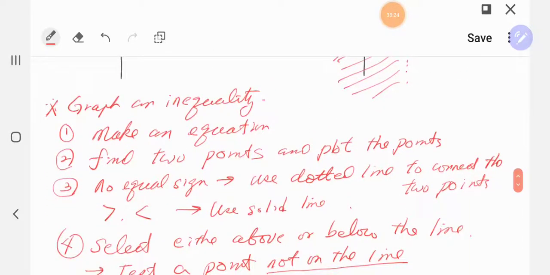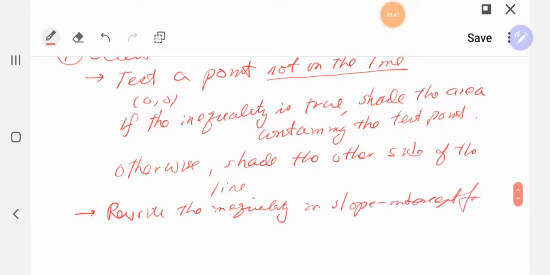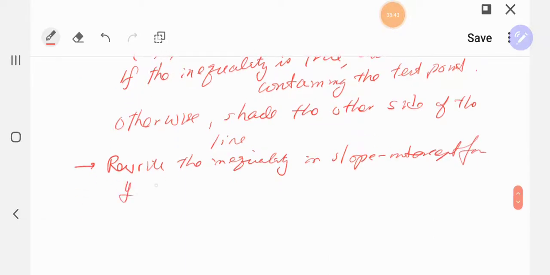Or we can select the area by rewriting the inequality in slope-intercept form, which is y is less than mx plus b, or y is greater than mx plus b, something like this.